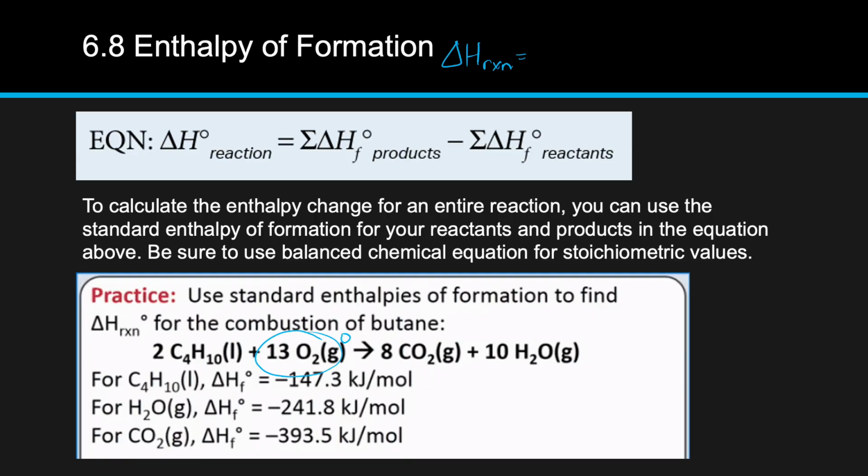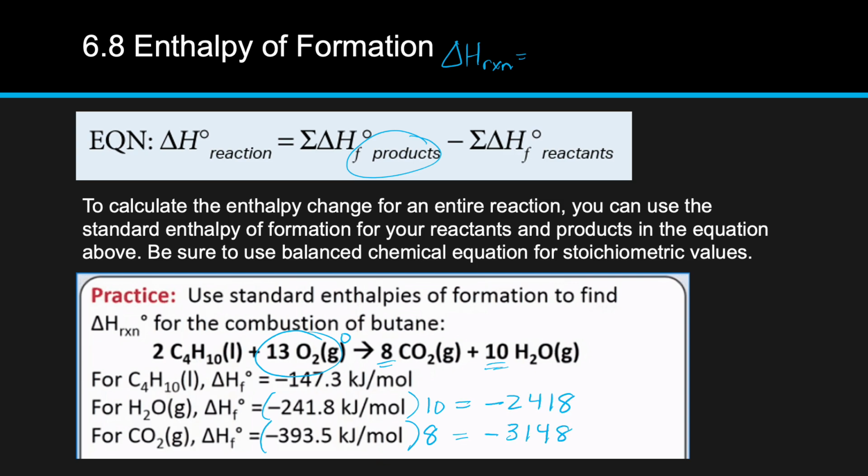So we need to first add up all of the delta H of our products. So we have 8 carbon dioxides. Carbon dioxide is negative 393.5, so we're going to be multiplying that by 8. And then we have 10 water, so we're going to take this value and multiply that by 10.